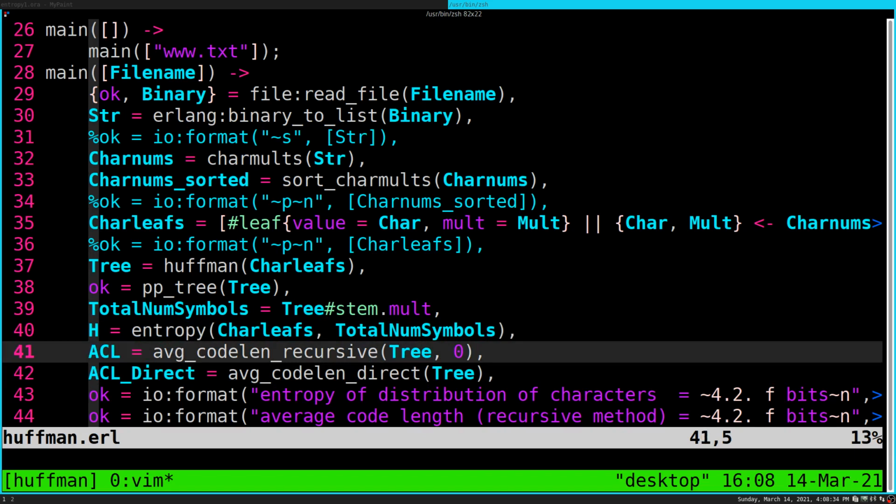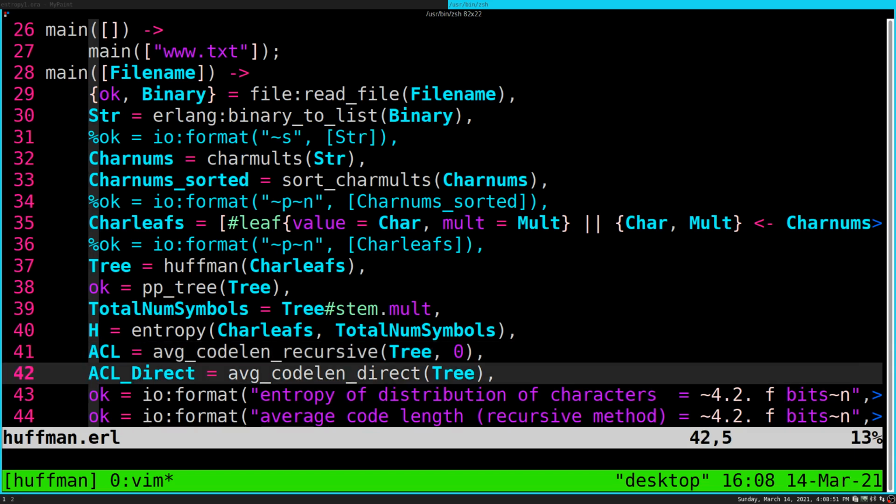So remember, every leaf on the tree will correspond to some finite sequence of ones and zeros. And all it does is, according to the probability distribution on the characters, calculate the average code length. So what is the average?